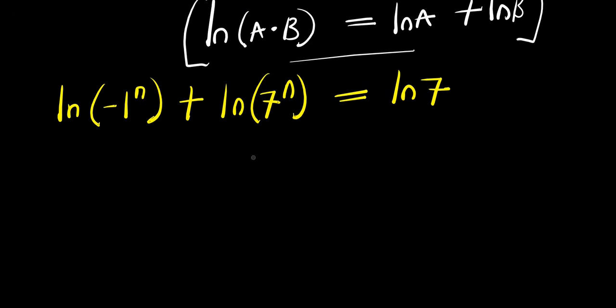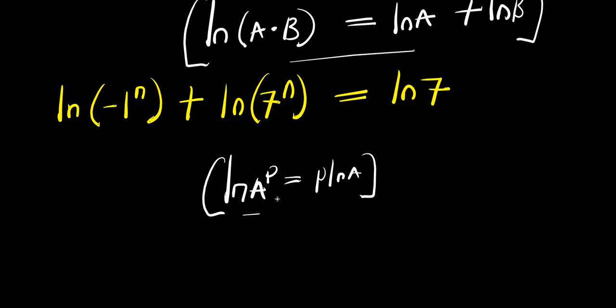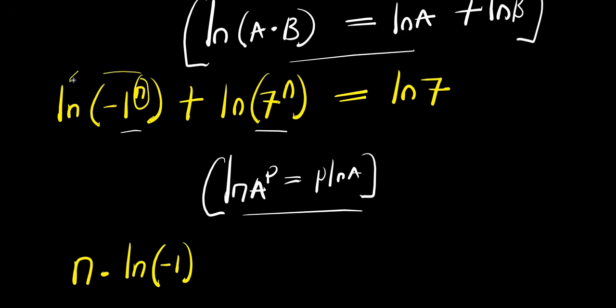And also, if you have natural log a to the power b, it equals b times natural log a. Applying this right here and here, I will simply have n times natural log -1, because this n comes behind this, then plus n times natural log 7 equals natural log 7.